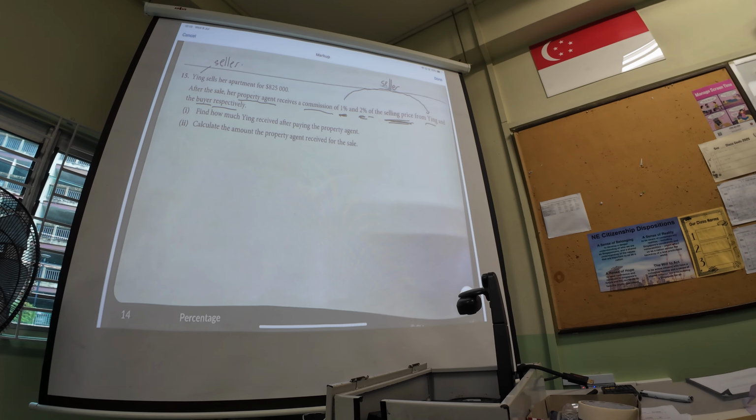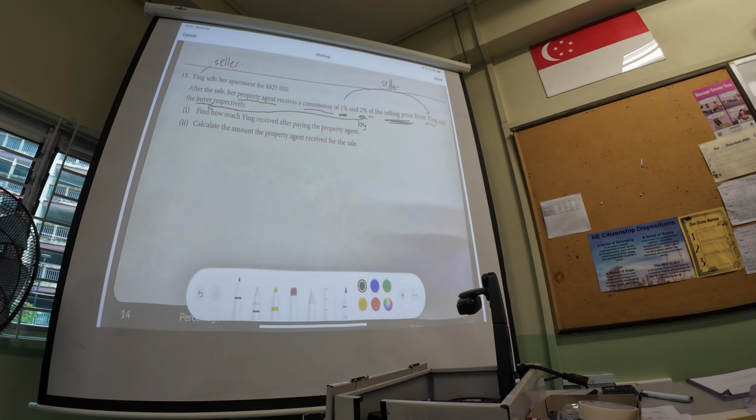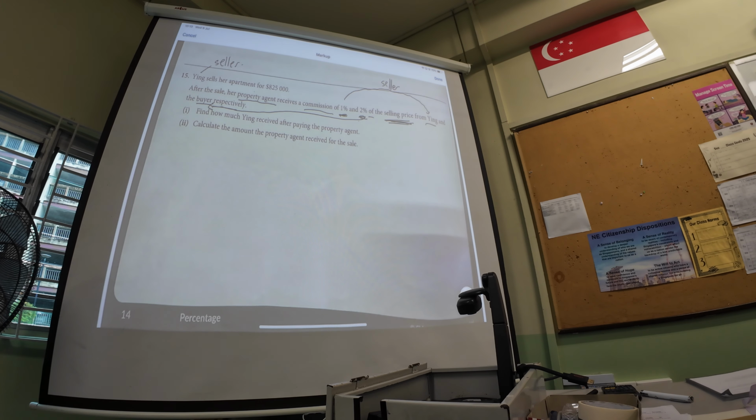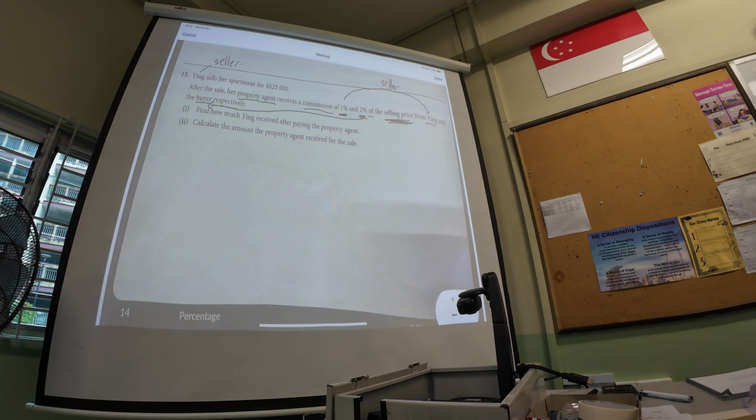The second number refers to the second person, so this 2% is the buyer paying. So the seller pays him 1%, the buyer pays him 2%. Both are percentages of the selling price. So the selling price is 825,000.